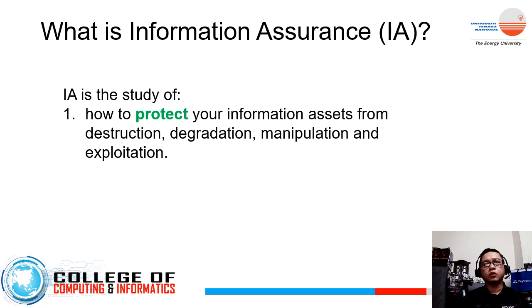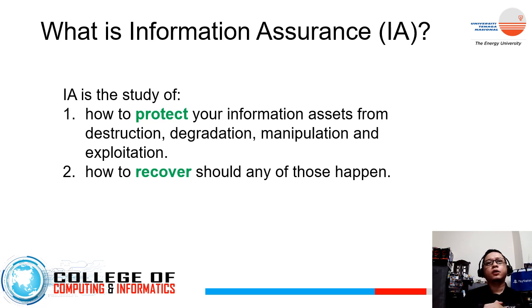This could also mean protecting from destruction, degradation, manipulation, and exploitation by unauthorized people, or perhaps people that bring harm to your organization. So you need to protect your information asset in this case.